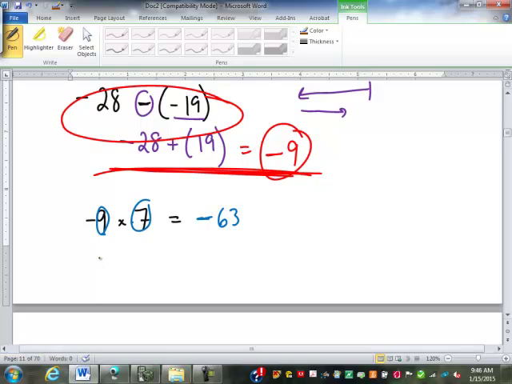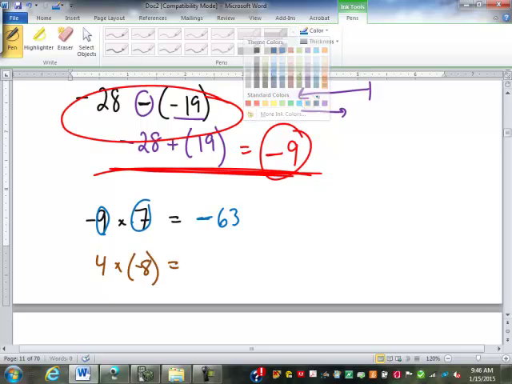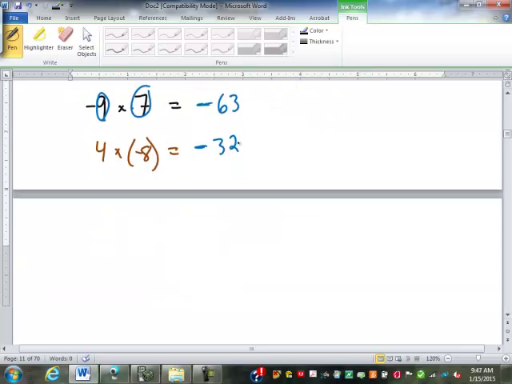If we have 4 times a negative 8, a positive times a negative is going to be a negative. 4 times 8 is 32, so that's a negative 32. How about a negative 9 times negative 5?